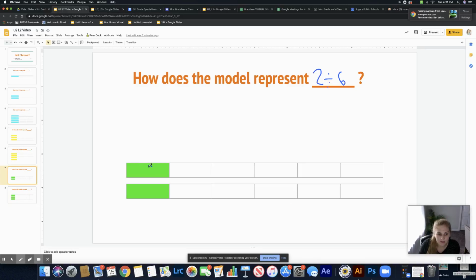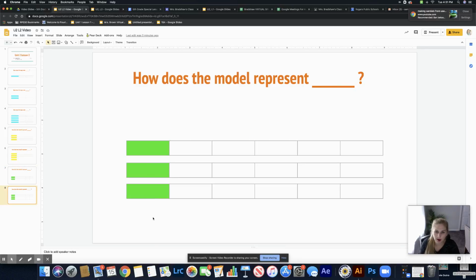I then have 1/6 and 1/6. 1/6 plus 1/6 equals 2/6. 2 divided by 6 equals 2/6. Remember, 2 over the fraction bar with 6 can be the same thing as 2 divided by 6. Because remember, the fraction bar can be read as divided by.